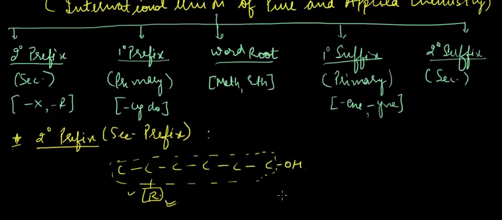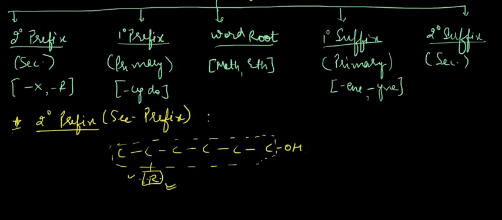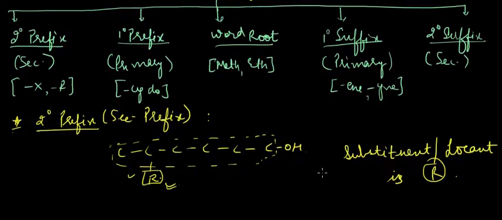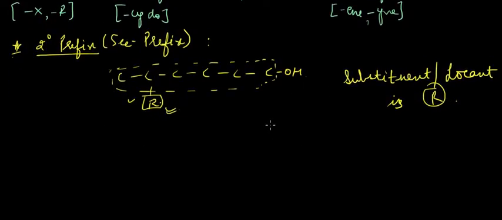Okay, so in this case, the substituent, also known as locant, is R. So we have to write the 2-degree prefix in naming the overall organic compound, and we have to write the 2-degree prefix of the substituent.